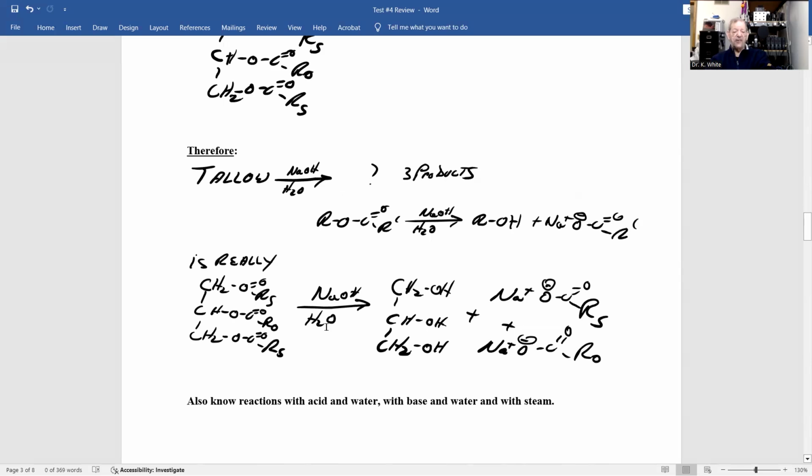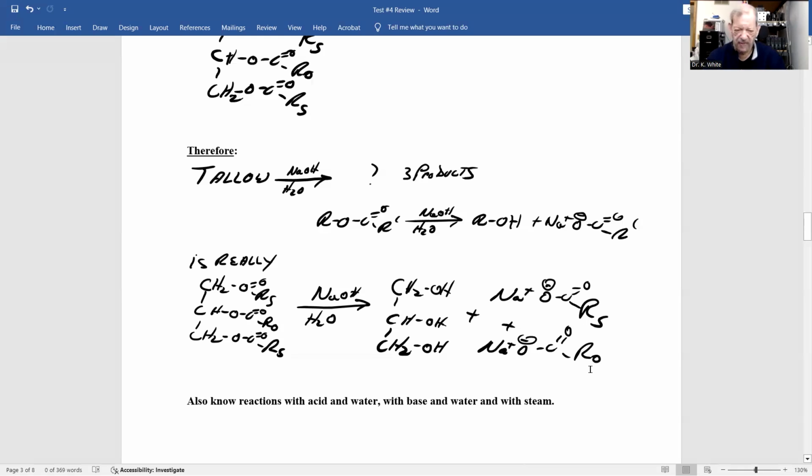And if you add base and water, you get this glycerin from R sub S, this carbon ester. You would get this carboxylate anion where the R group is R sub S. And from this ester, you'd get this carboxylate anion where it's R sub O.